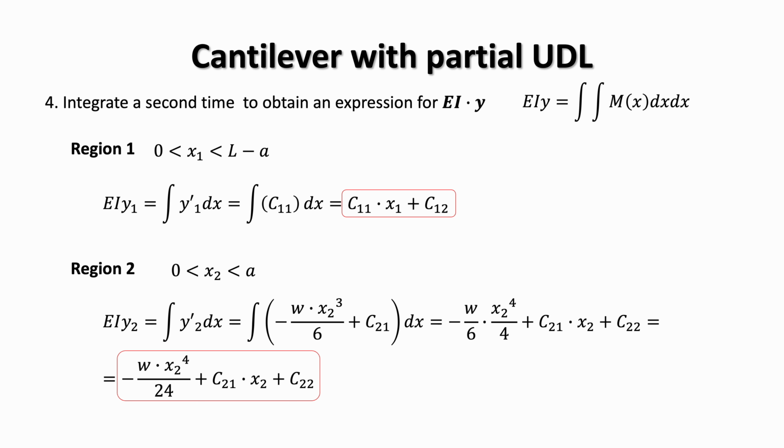For region 2, where x2 is between 0 and a, the slope expression was minus Wx2 cubed over 6 plus C21, and integrating that once again gives us minus Wx2 to the power of 4 over 24 plus C21 times x2 plus C22. At this stage, we now have four unknown constants, C11, C12, C21, and C22, which we will determine using boundary conditions at the fixed end and continuity conditions at point B.